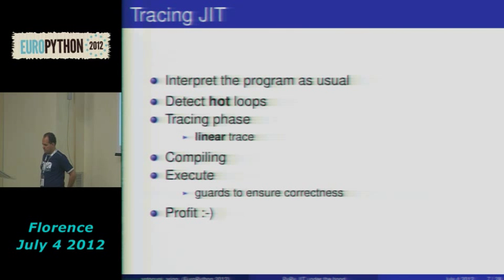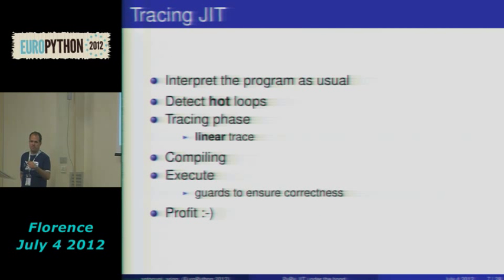So, to go more into the tracing JIT area, usually an interpreter with a tracing JIT starts by interpreting the program as normal, like CPython does. It's a normal virtual machine with bytecode, etc., and interprets the bytecode. While it does this job, it also detects hot loops.